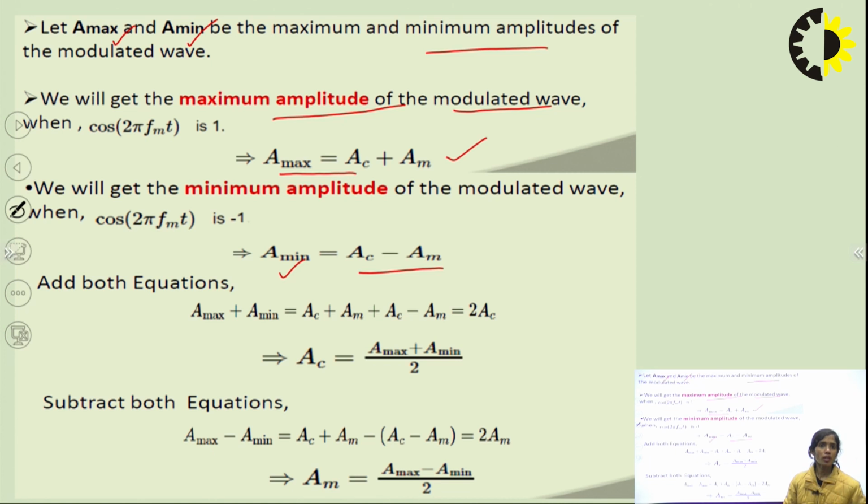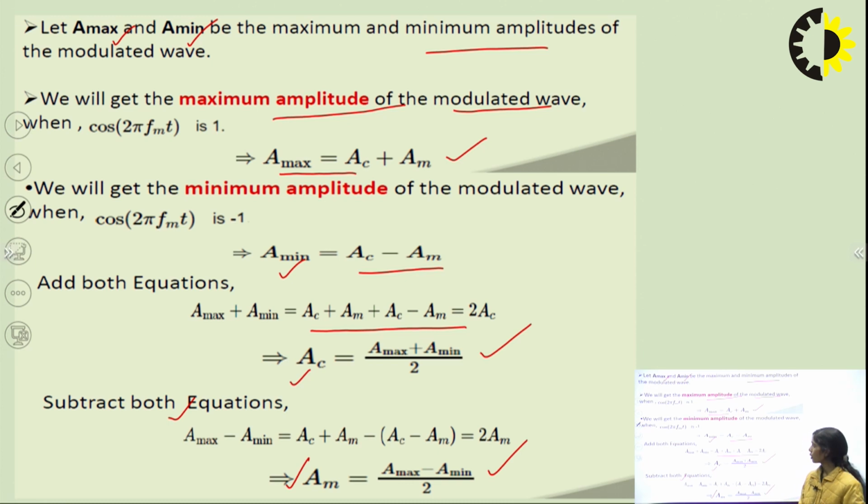Now if we add these two equations, we can obtain Ac. So Ac can be written in terms of the maximum and minimum values of the modulated wave as Amax plus Amin divided by 2. And if we subtract these two equations, we obtain the value of Am in terms of Amax and Amin, that is Amax minus Amin divided by 2.